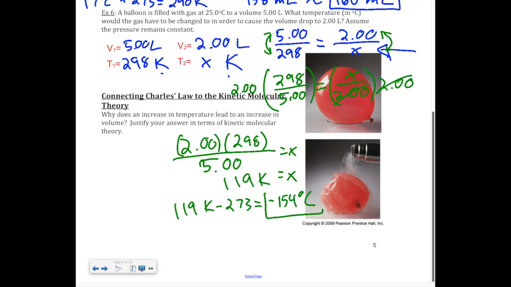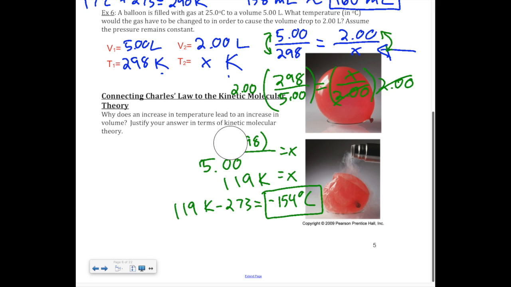So that is what I have to do for my final answer. If you need to know that cool little equation, just know that x degrees Celsius plus 273 will equal your value of Kelvin.